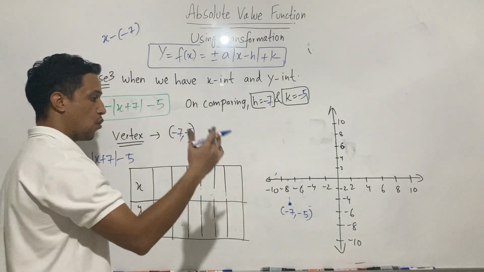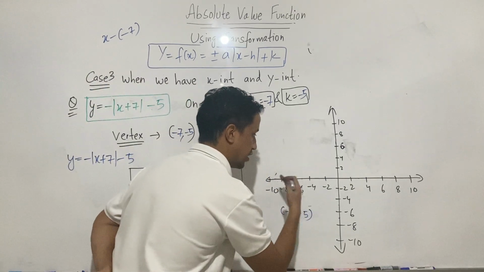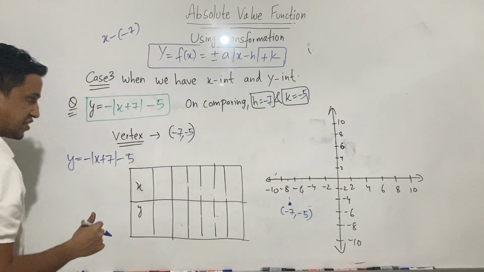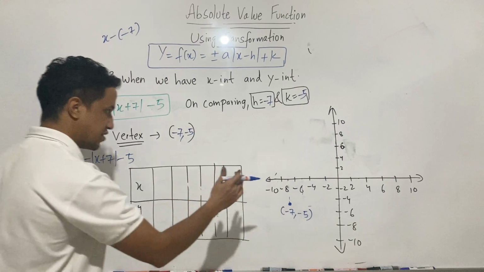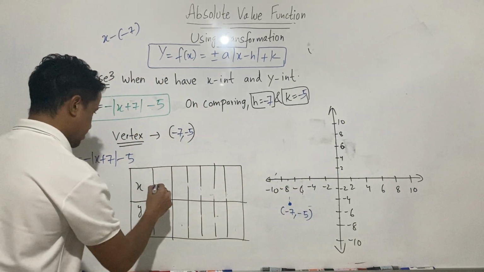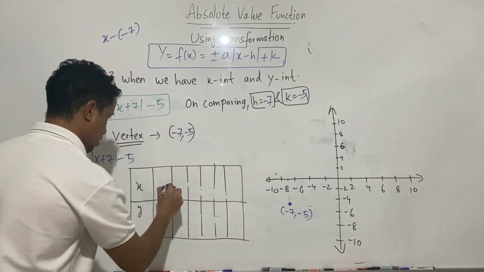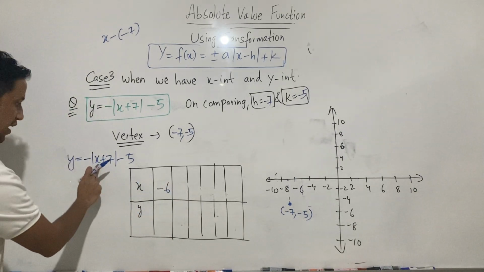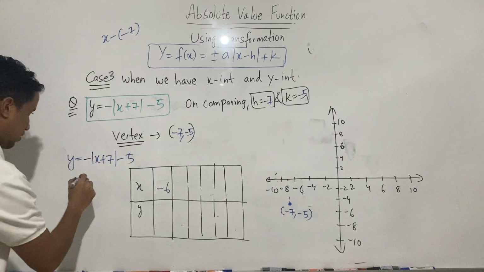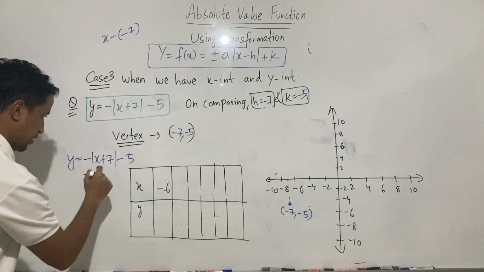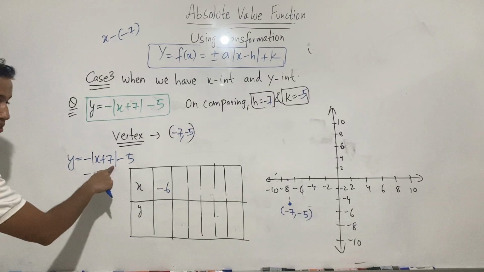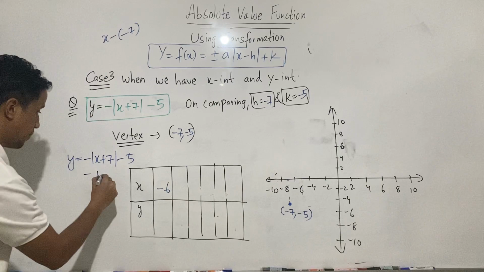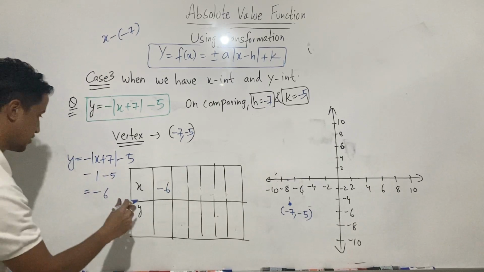Now I will take some values left of minus 7 and some values right of minus 7. If x is minus 6, then minus 6 plus 7 is 1, modulus 1 is 1, and negative, minus 5, gives minus 6.